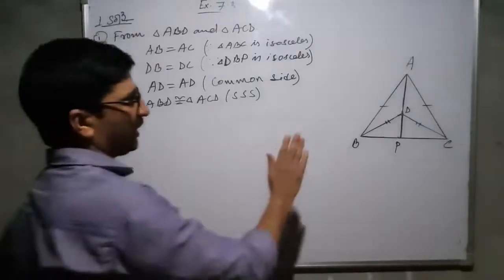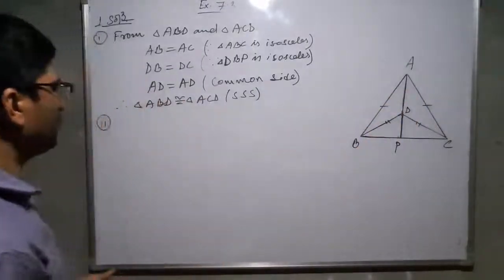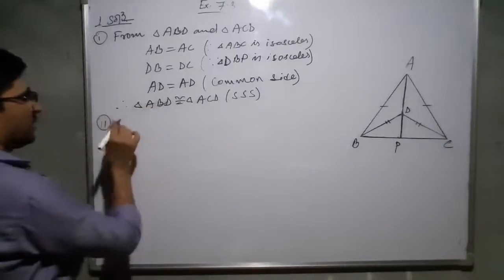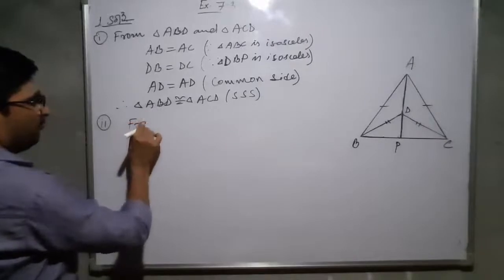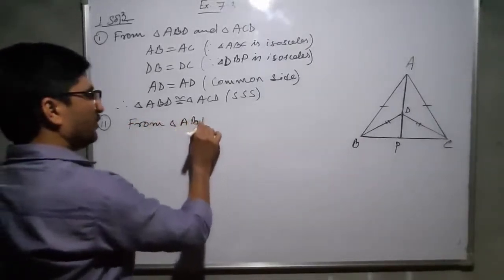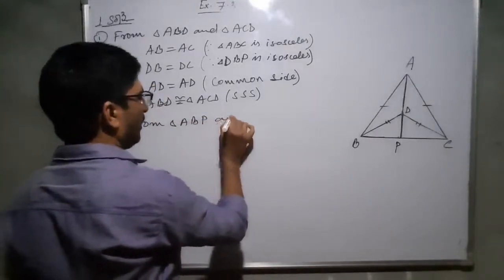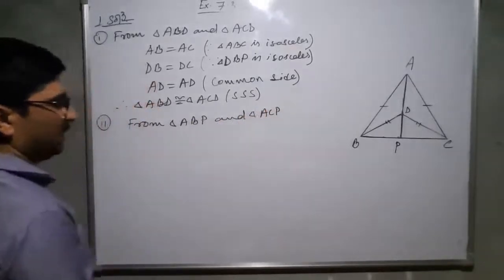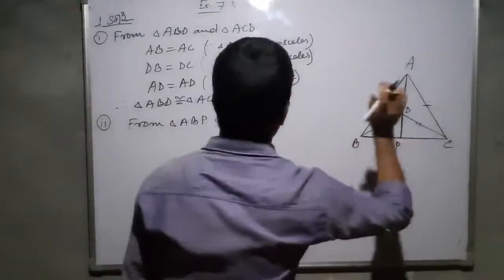Now the next, number two, is what is asked. We have to prove triangle ABP is congruent to ACP. Now from these two triangles, check what results we get. The other results we will not write here. From triangles ABP and ACP, check.